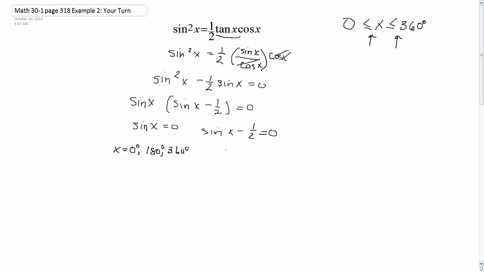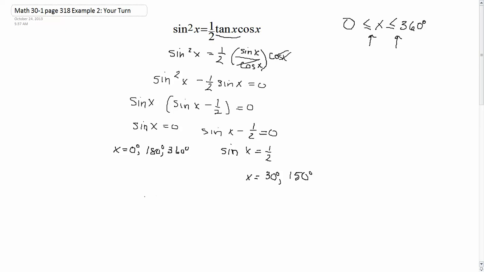For the second factor, we take sin x equal to 1/2. Remember that we're looking for a positive sine, which is in the first quadrant and in the second quadrant. So sin x is equal to 1/2 when x is equal to 30 degrees and x is equal to 150 degrees.